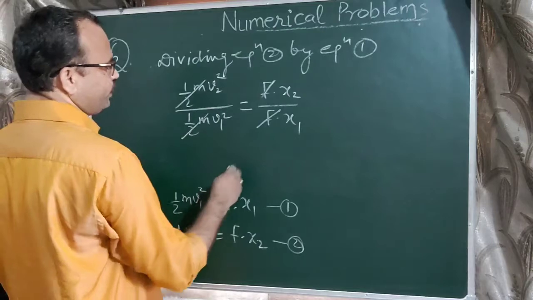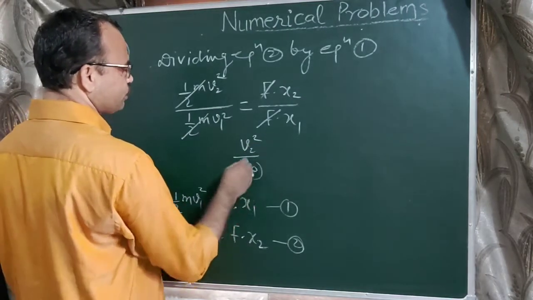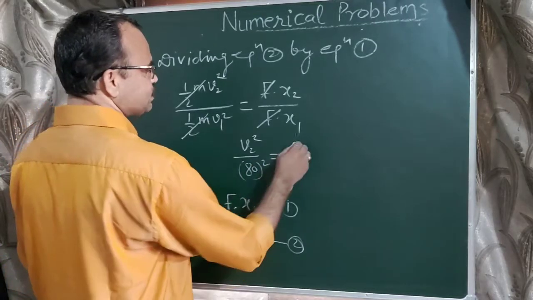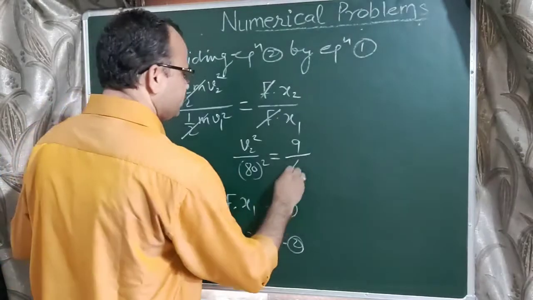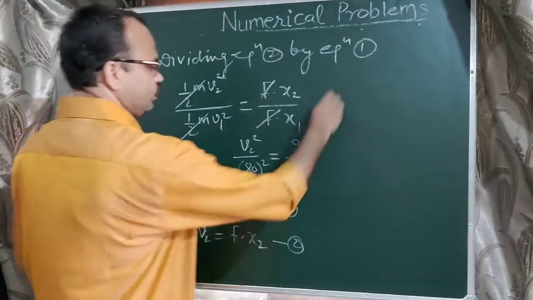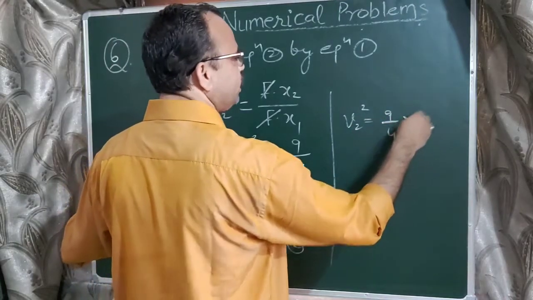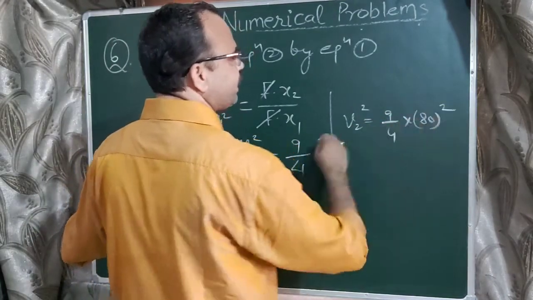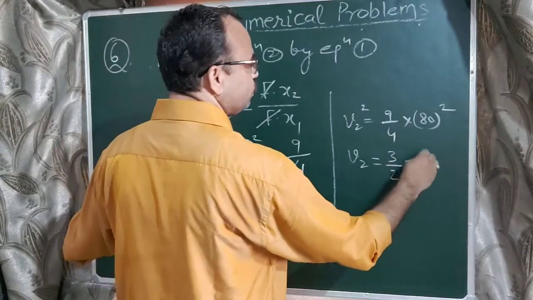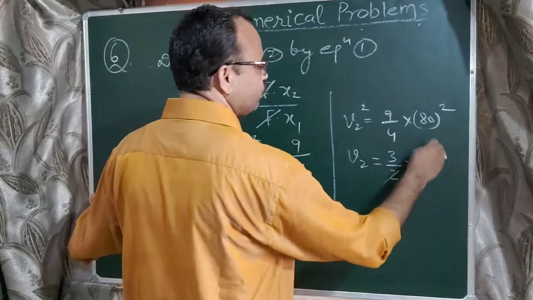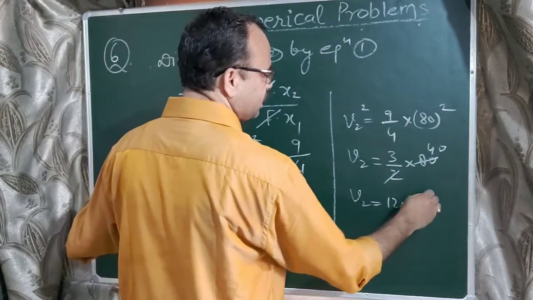Now put the value of v2 square upon v1 square, means 80 square is equal to x2 is 9 centimeter upon x1 is 4 centimeter. Okay, so v2 square is equal to 9 by 4 into 80 square. Taking root from both sides, so v2 equal to 3 by 2 into 80. Okay, 2 4 the 8, 0 means 4 3 the 120 meter per second.